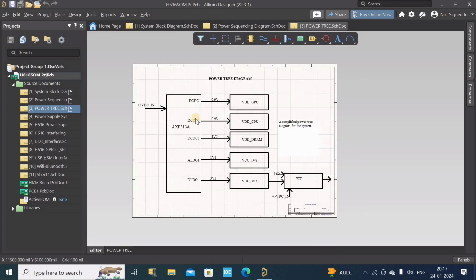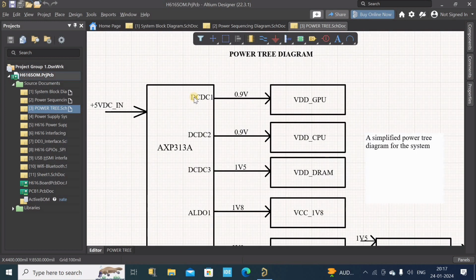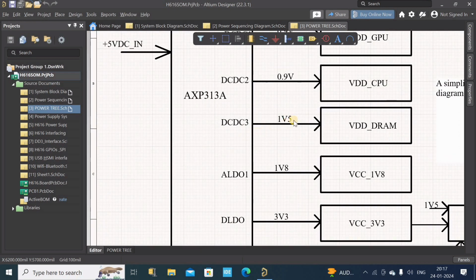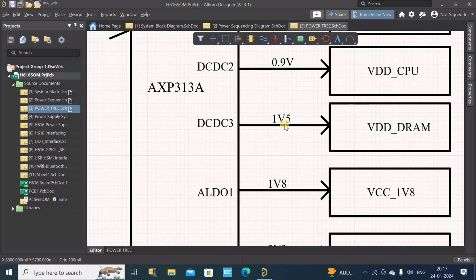At the right top corner we have a DC-DC converter delivering 0.9 volt for the BDT CPU pins of our SOC, and then down here we have the DC-DC2 converter, which also delivers 0.9 volt for the BDT CPU pins of our SOC. Then we have DC-DC3 delivering 1.5 volt.